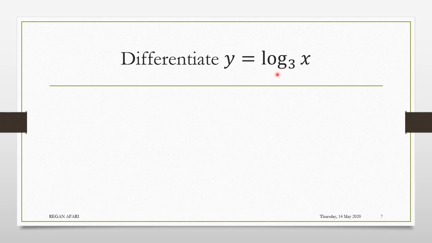If it is the base of e, then you are dealing with natural log, that's ln. So we will take ln x over ln 3. That is what the third law of logarithm says. When you change the base, it takes this divided by this one. So let's change the base.